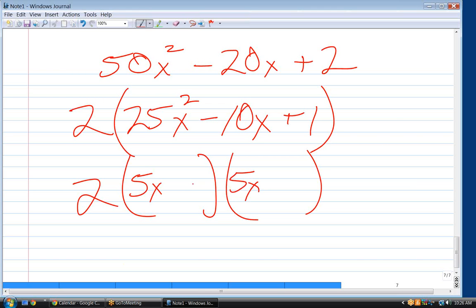So always start there. Signs? What is both positive? No, they're both the same. Oh, so both negative because it's negative 10x. Exactly. And it better be 1 and 1, because that's the only factors of 1. Does that produce a minus 10x in the middle?